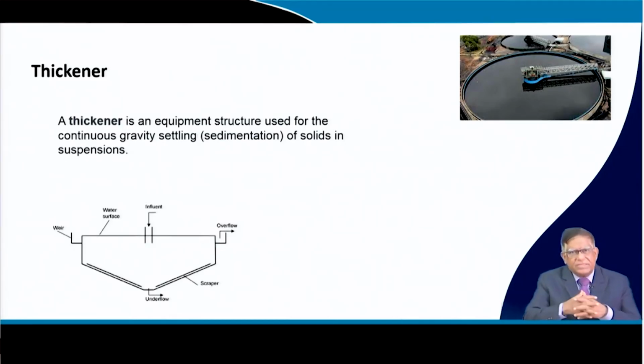Then another thing is the thickener. This also I told you about: a thickener is an equipment or structure used for continuous gravity settling. The fine particles need to be separated, because when it comes as a slurry, a lot of fines and solids are there.